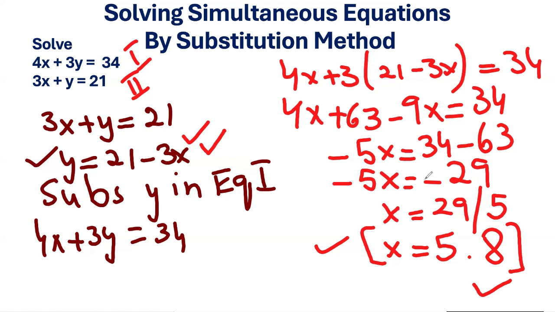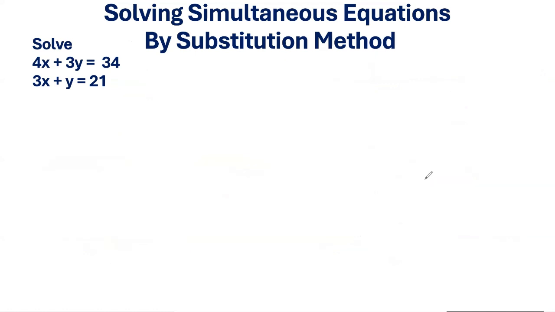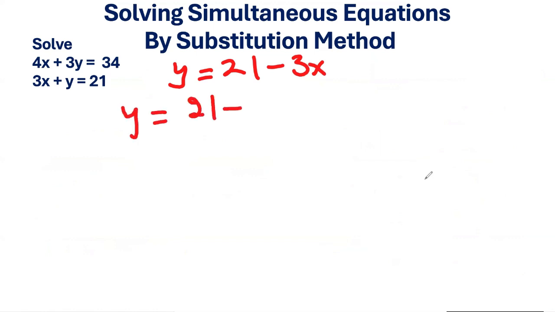We will substitute in y is equal to 21 minus 3x. What is the value of x? 5.8, which you have just found.